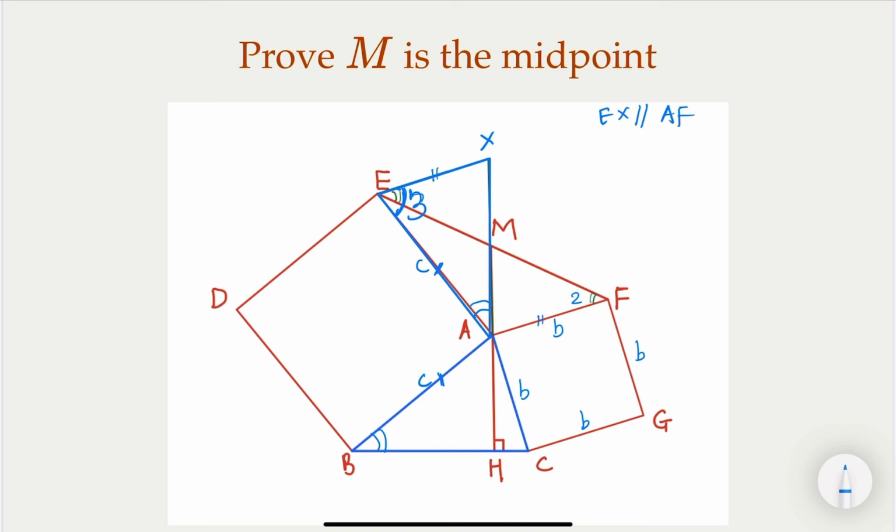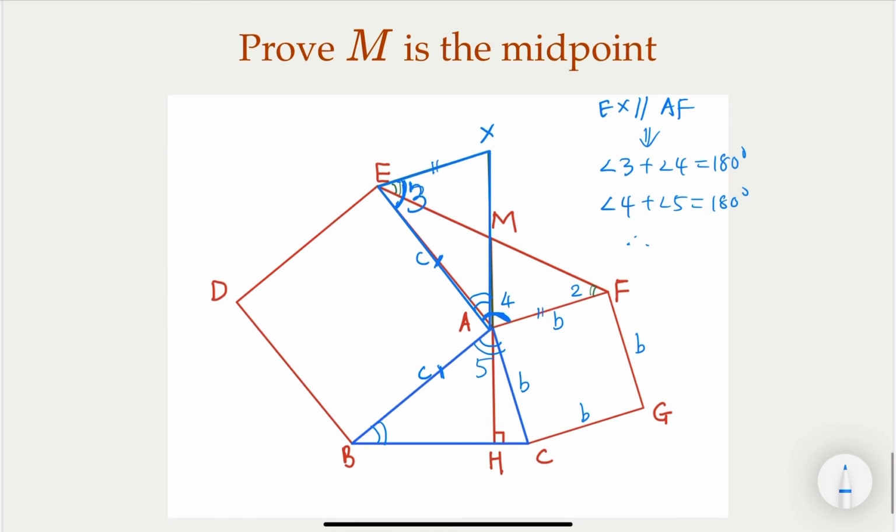And this one is, no, that's 4. So 3 plus 4 equals 180 degrees, because they are parallel, right? 3 and 4, this is 4. Now 4 and this, let's call it 5. So 4 and 5 is 180 degrees. So in that case, 3 must equal 5.